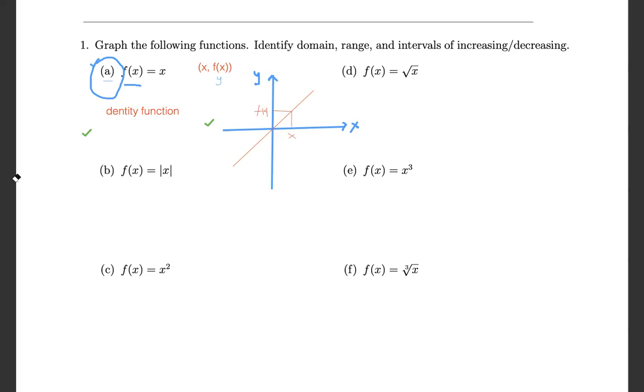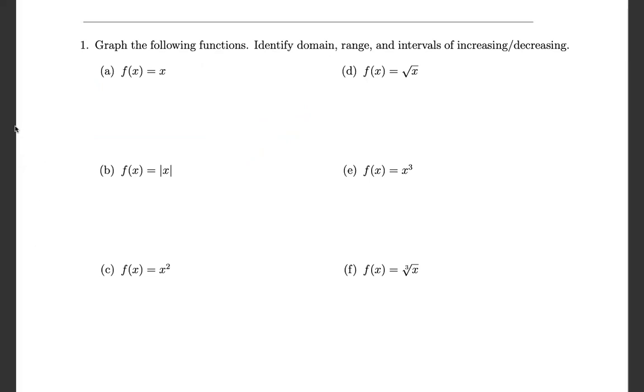Now let's see B, let's erase this. Let's grab the line again. The x-axis and the y-axis. Now let's change our color to blue. So B is called the absolute value function.